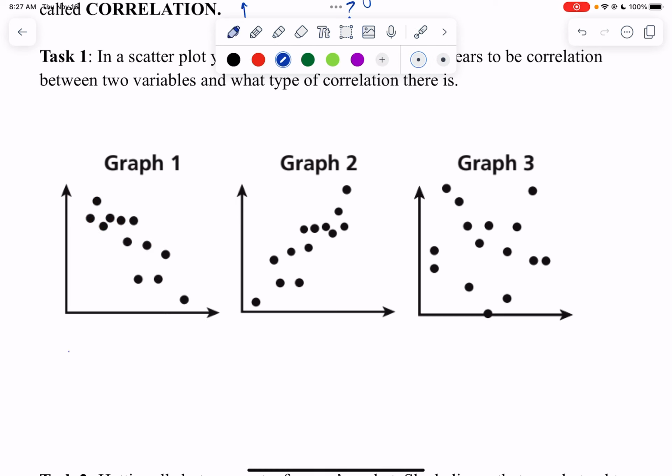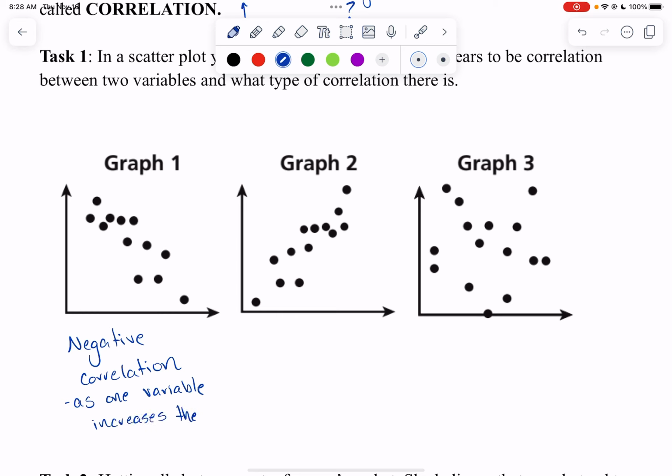This is what we call a negative correlation, because as one variable increases, the other decreases. Okay. Or if I was to connect a line into here, it would have a negative slope. Okay. It's going down from left to right.